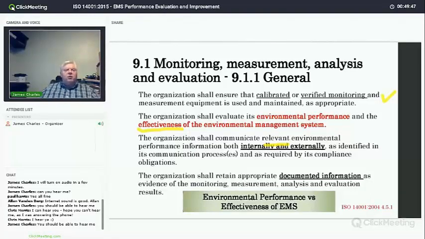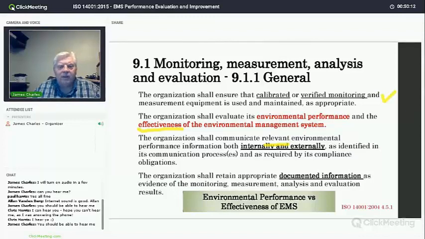So if we went to our communications procedure and said, we have determined that there is no relevant performance information that we want to communicate externally, does that meet this requirement? And my answer is, I think so. I think so.